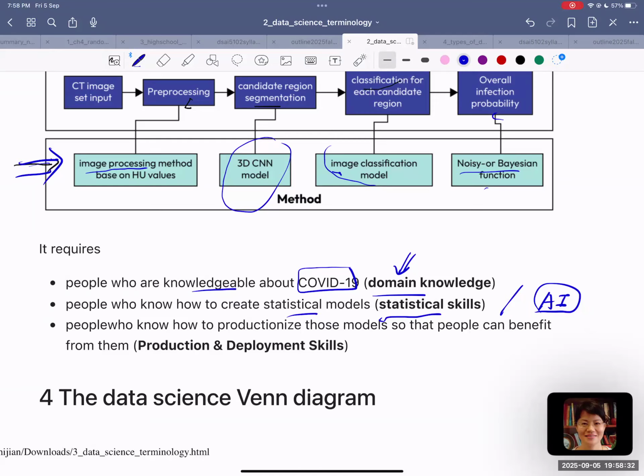See that? And the next one is about production development skills. Right now, I think my role is more like the production and development skills possessor. Because my PhD will help me with skills in statistics, my other PhD is in CS, right?